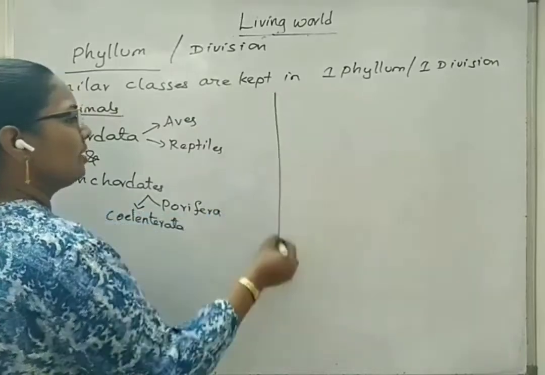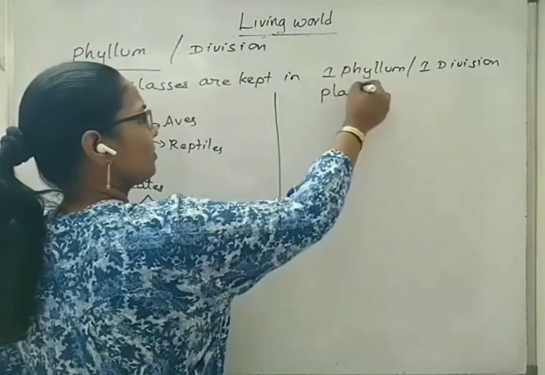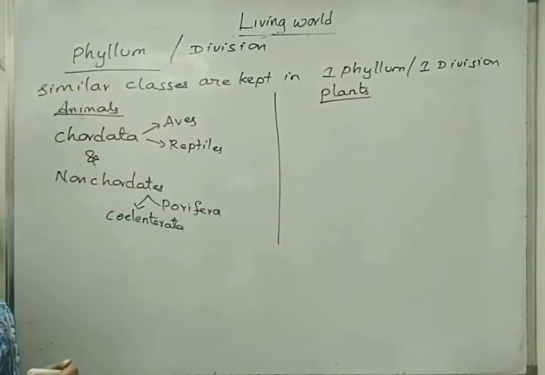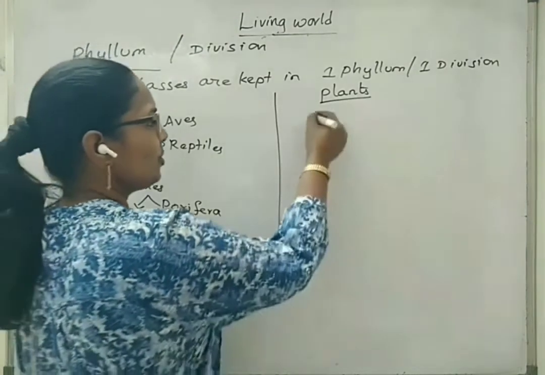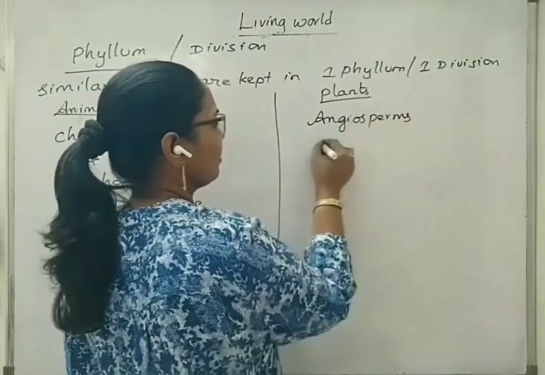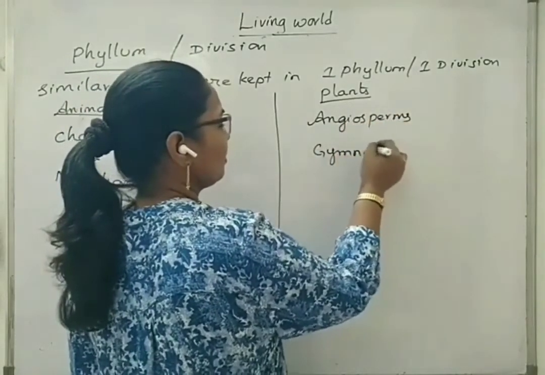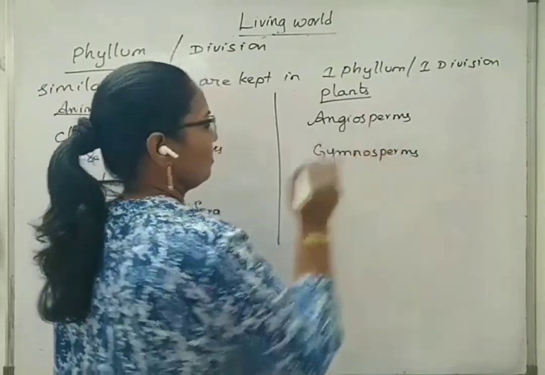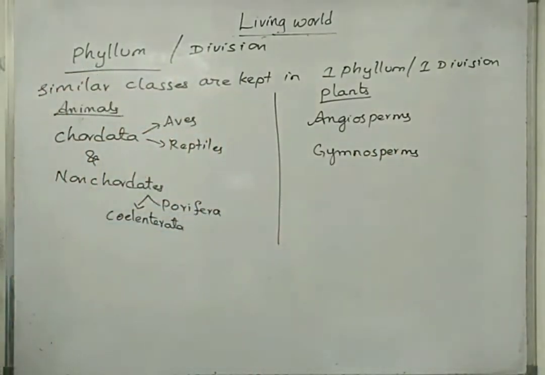Coming to plants, we can take examples like angiosperms and gymnosperms. These angiosperms are again divided into dicots and monocots that we have seen in the class.